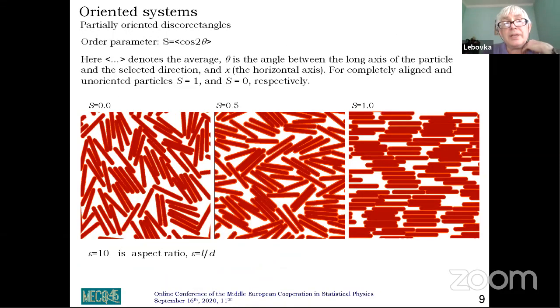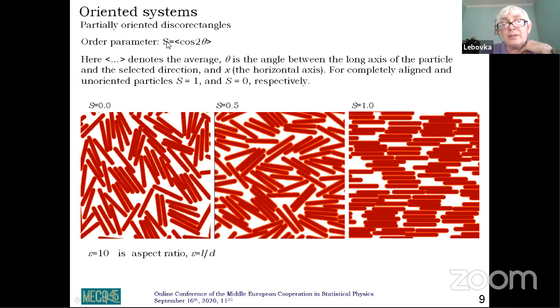About oriented systems: in real systems we can observe fully disoriented systems like this, partially oriented systems, and fully oriented systems in some direction.